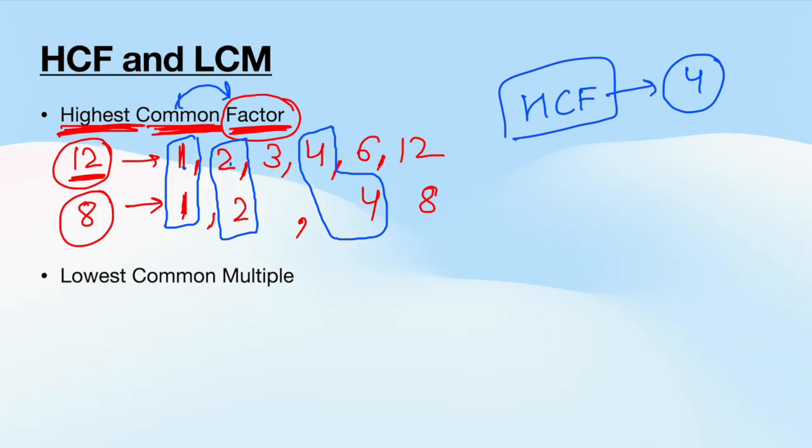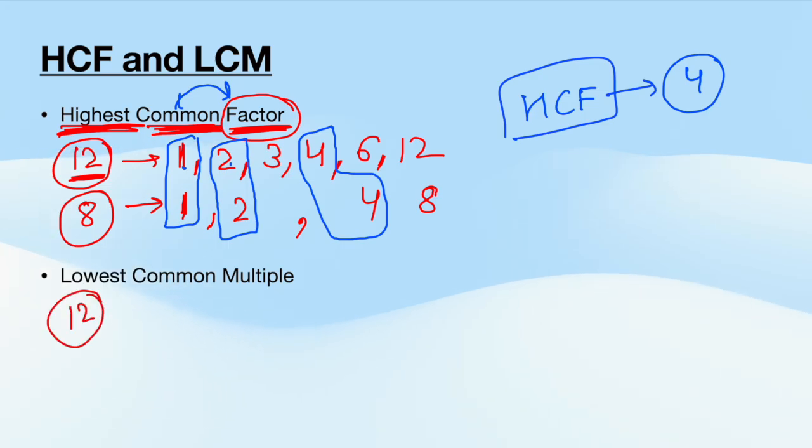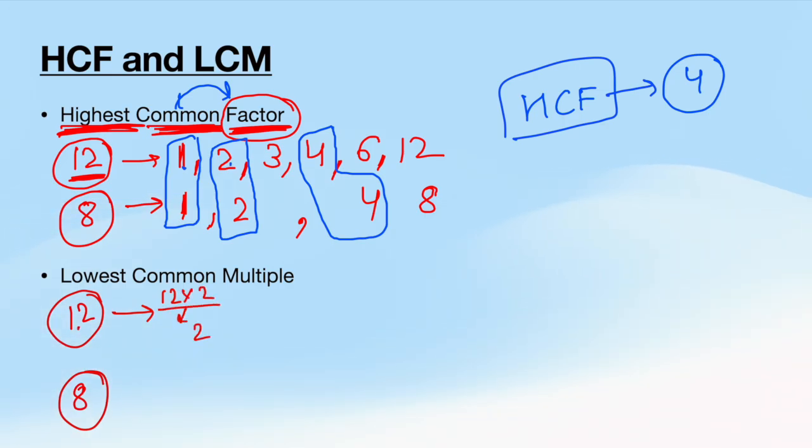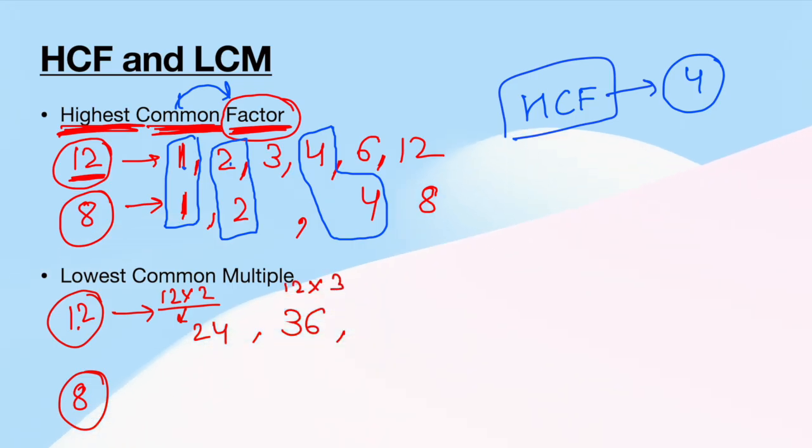Similarly, when we talk about the LCM, LCM means we are talking about multiples. If I ask you about the multiples of 12, one time it is 12 only, 2 times it will be 24, then 36. If I multiply it with 3, I am multiplying the number, so it will go on increasing, yes or no?